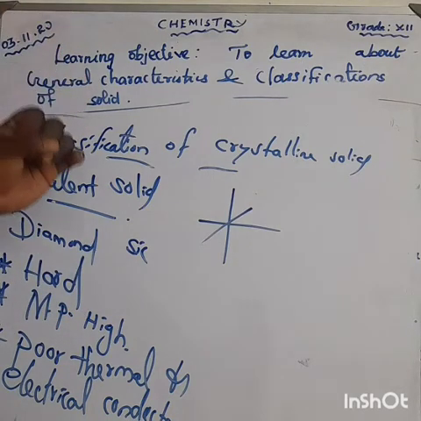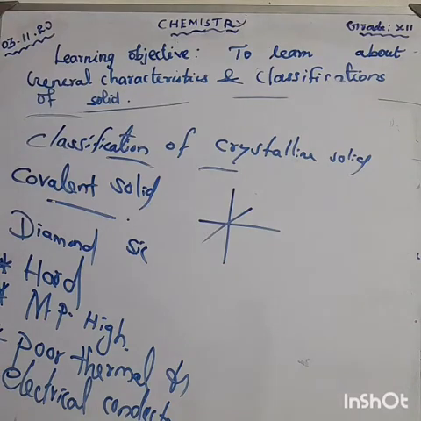What are the characteristics of covalent solids? These covalent crystals are very hard, and they have a high melting point. They are usually poor thermal and electrical conductors. Next, the molecular crystals.